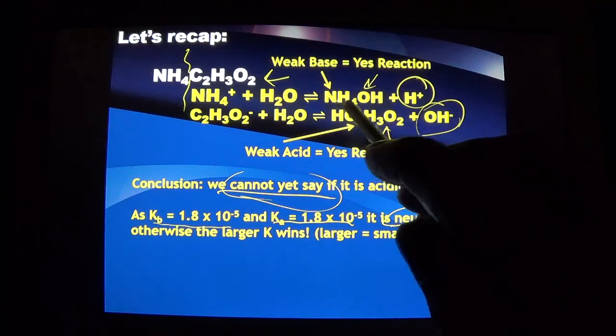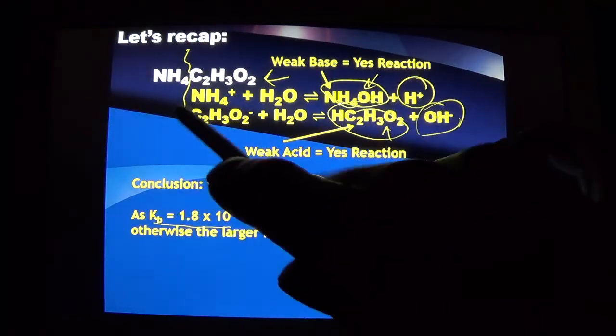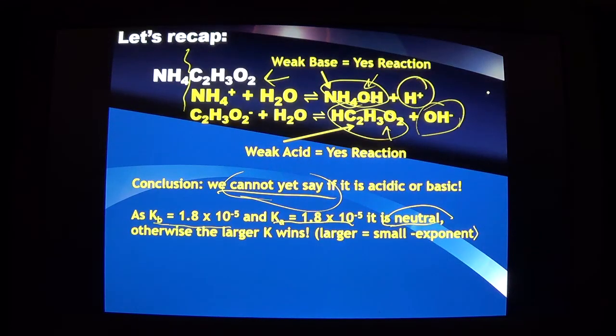Then you analyze the base and the acid that's made, and if it's strong, you cross off that reaction. If it's weak, you leave it there. And hopefully you cross off one of the two or both of them. If you cross off both, it's neutral. If you cross off one, it's the other.